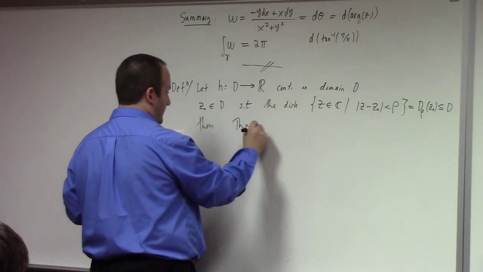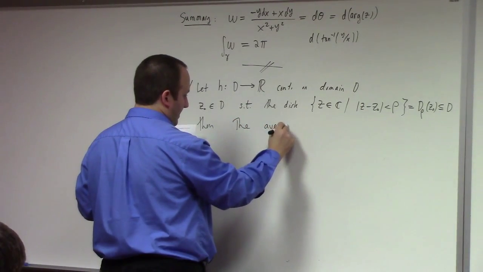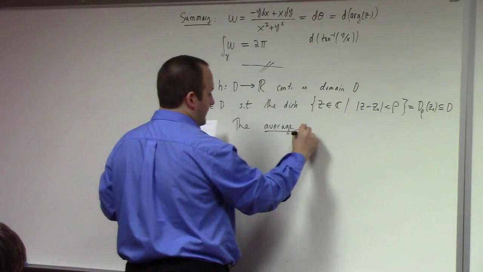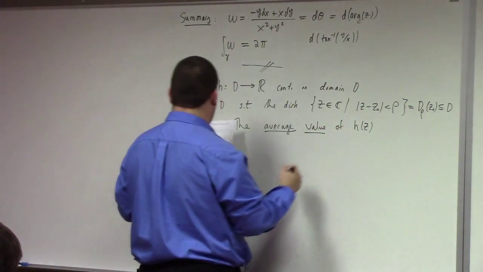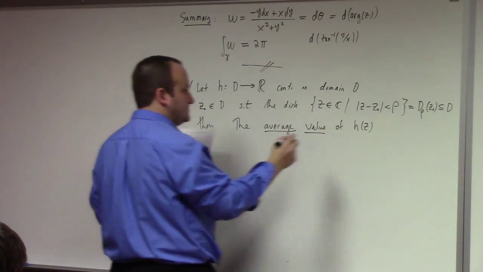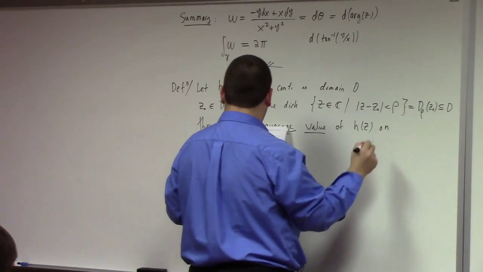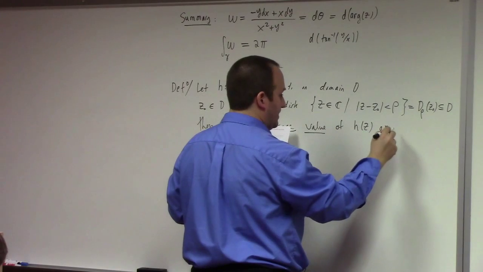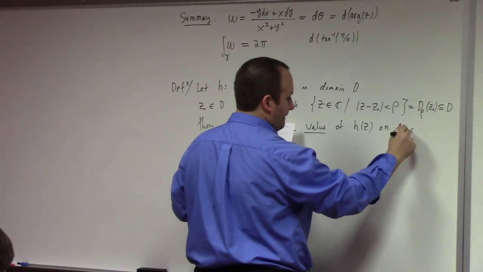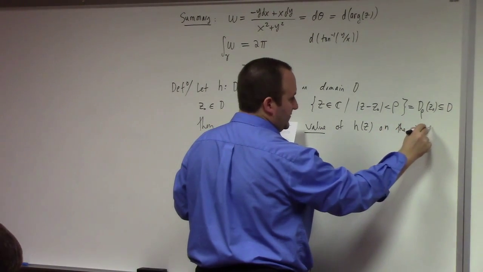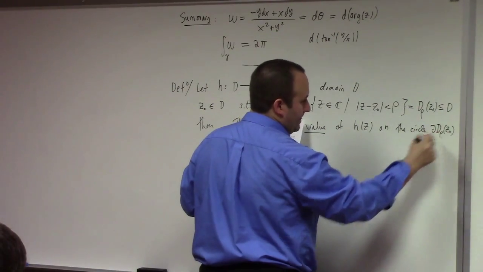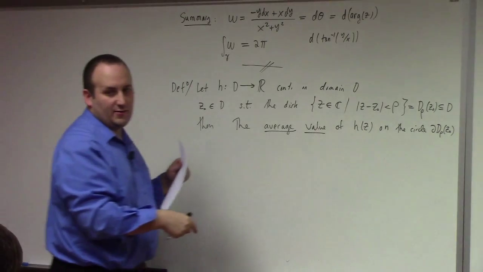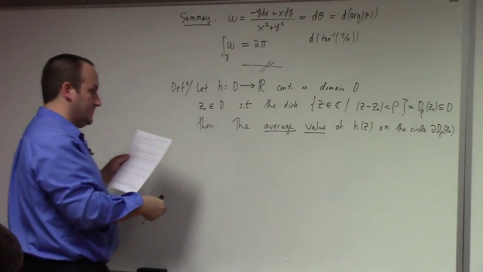the average value of h of z on the circle. If you let me be lazy, I'm going to say the circle is the boundary of this. In other words, take this inequality and make it equality. That's the circle, right?